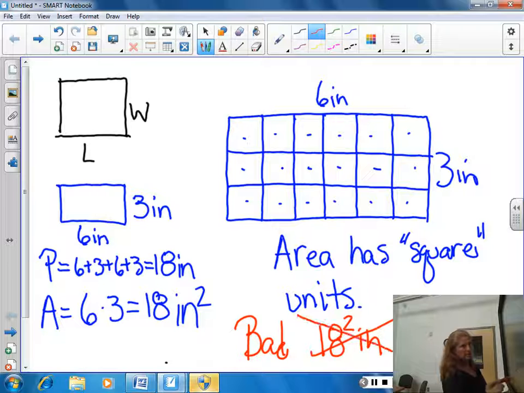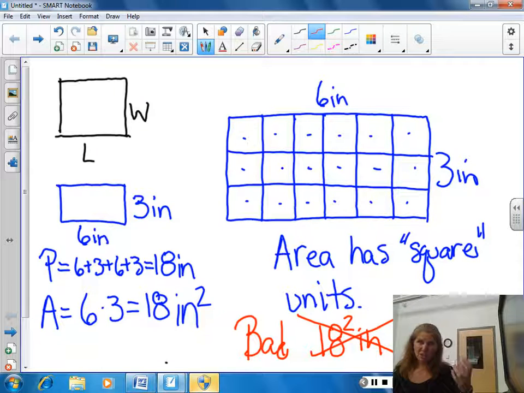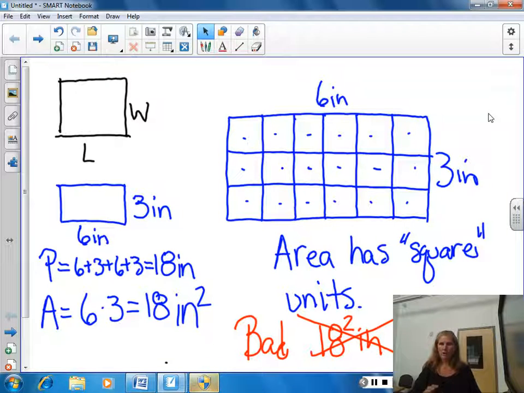That's not good, because that says 18 to the 2nd power. It's not. It's the inches that are to the 2nd power. The 2nd power, when you're in math, means square. So remember, if you want to write it abbreviated, don't want to write the words out square inches, then write it inches to the 2nd power, not the 2 first. But it's a little different than how you say it, right?